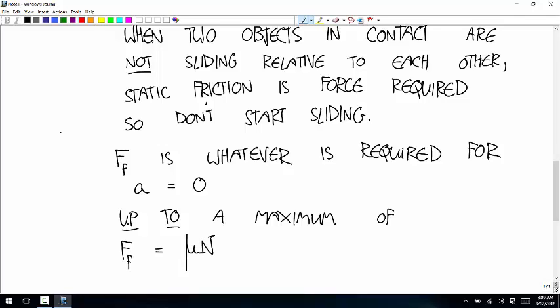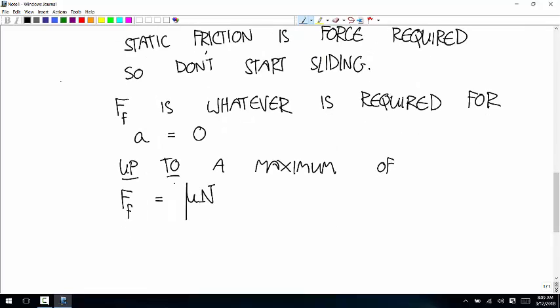You can remember that's mu because it looks like a cross between an M and a U, and that's how you know mu. You'll never forget that one. That is the normal force. That you will forget. And this mu, let's put a subscript S under the mu. This is called the coefficient of static friction.